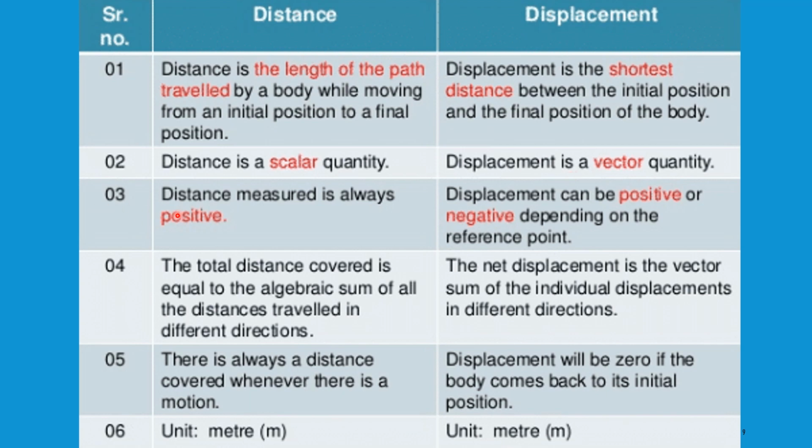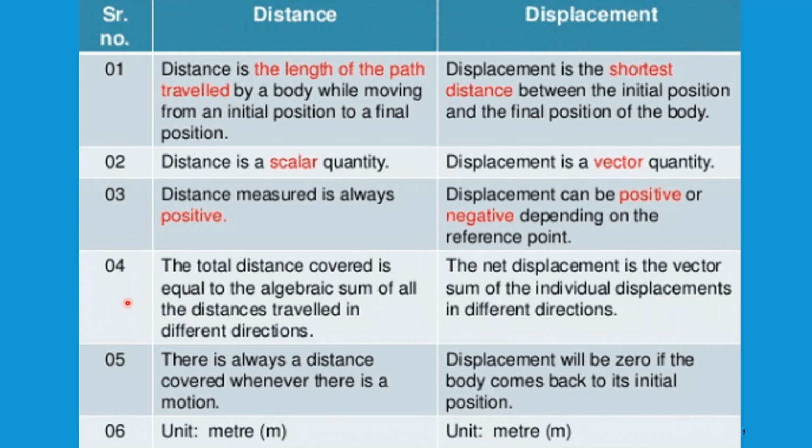Then third one, distance measured is always positive, because when a body is in motion, it will cover some distance. But displacement can be positive or negative depending upon the reference point. According to the reference point, displacement sometimes may be positive, sometimes negative.